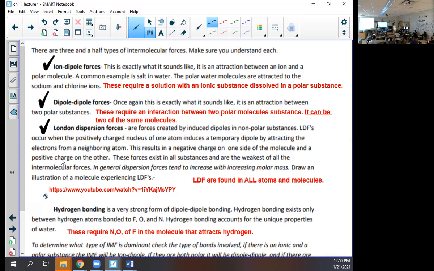London dispersion forces are the most complicated to explain, but it's when we have induced dipoles that are momentary. They get out of balance, there's a little attraction, but then they're right back to balance and the attraction's over. But if you have this happening thousands and thousands of times per second, then there will be an attraction. Not as great as the rest, but there will be an attraction.